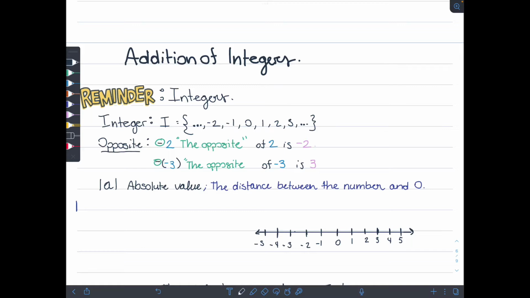Let's get our first example. Let's use 1. What is this trying to say?